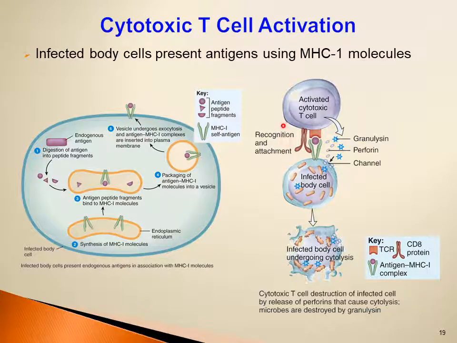This will be recognized by the cytotoxic T cell that has a T cell receptor specific to that antigen, which will bind the virus-infected cell and activate the cytotoxic T cell to release granulolysin and perforin, which put channels inside the cell membrane of the infected cell and cause the lysis of the virus-infected cell.